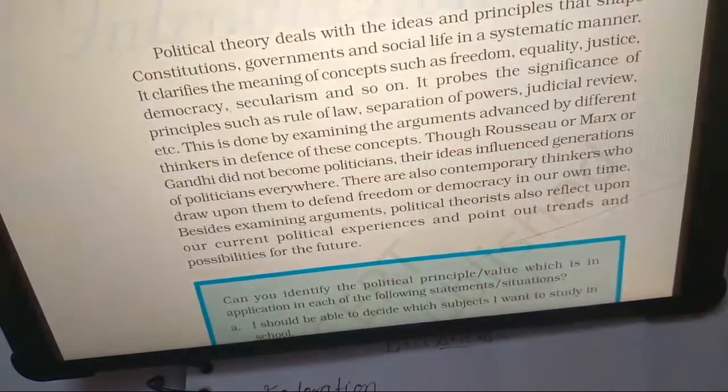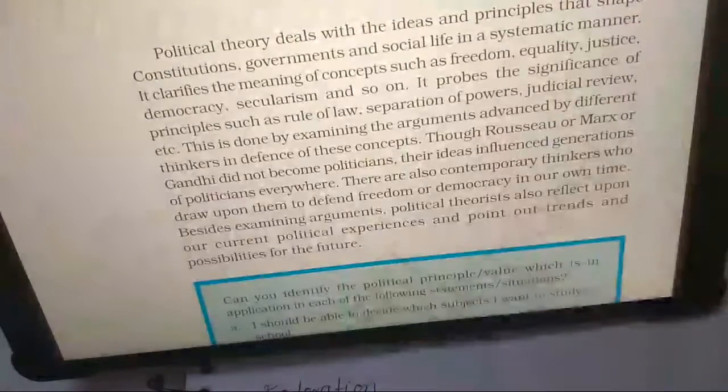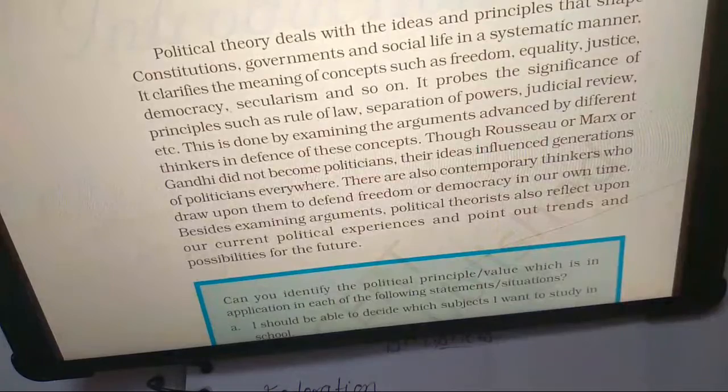It clarifies the meaning of concepts such as freedom, equality, justice, democracy, secularism, and so on. It probes the significance of principles such as rule of law, separation of powers, judicial review, etc. This is done by examining the arguments advanced by different thinkers in defense of these concepts.